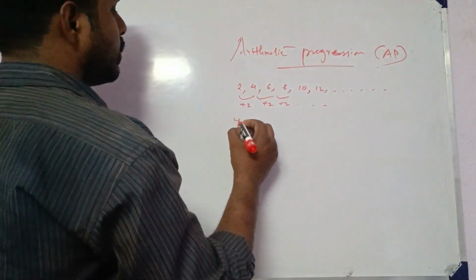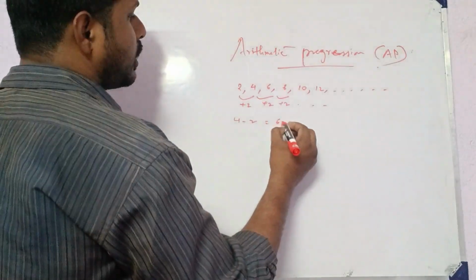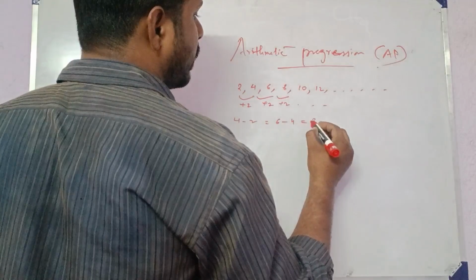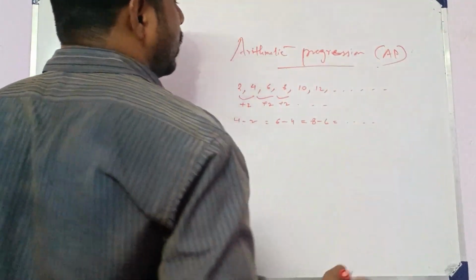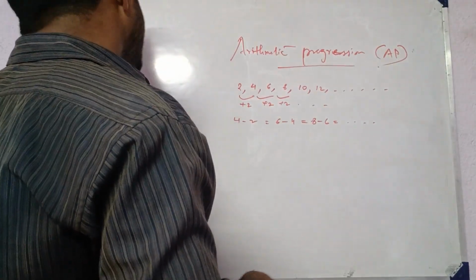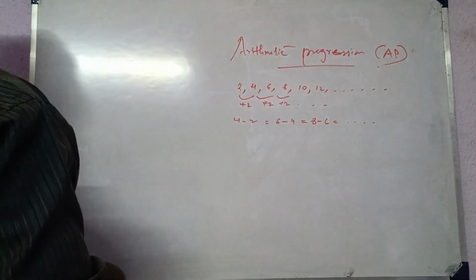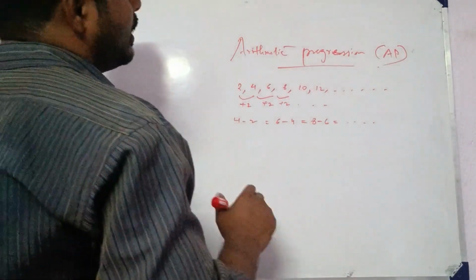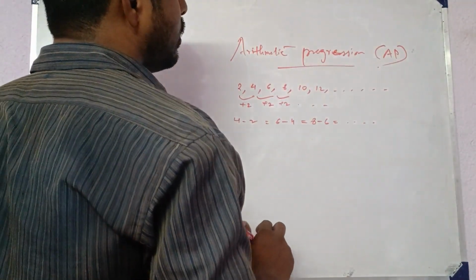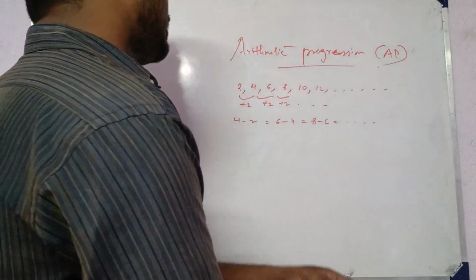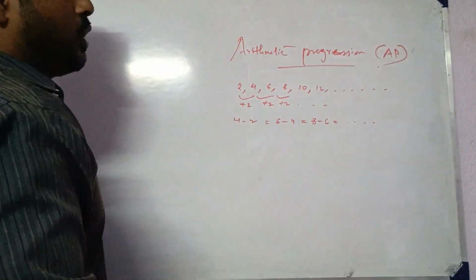So we can say the difference between 4 minus 2 is equal to the difference between 6 minus 4, which is equal to the difference between 8 and 6 and so on. So here we see the difference between two successive numbers, they are equal. When this happens, this type of sequence is called arithmetic progression or AP.